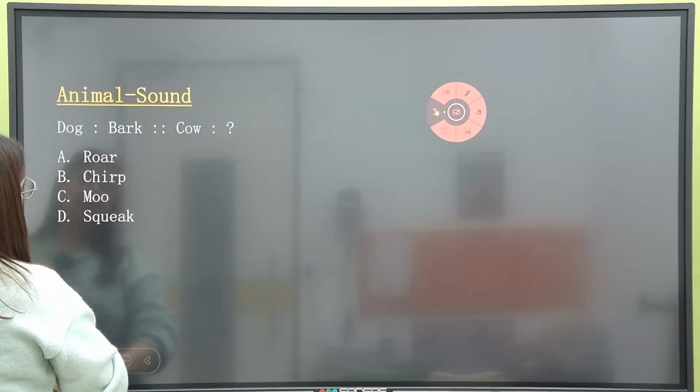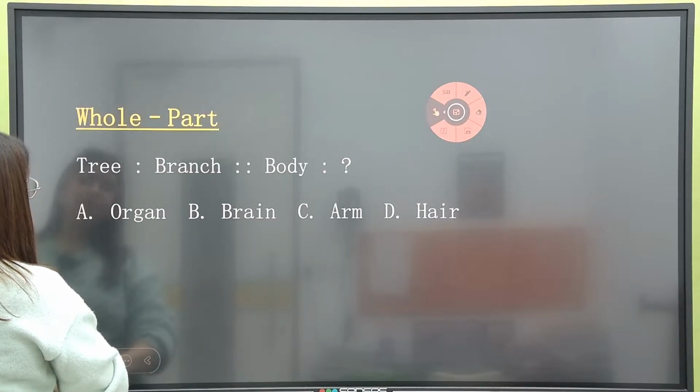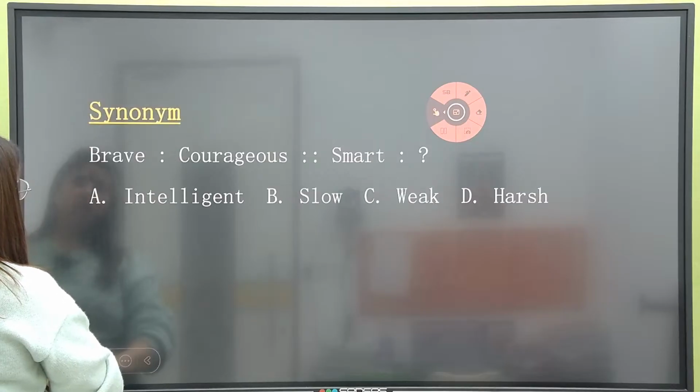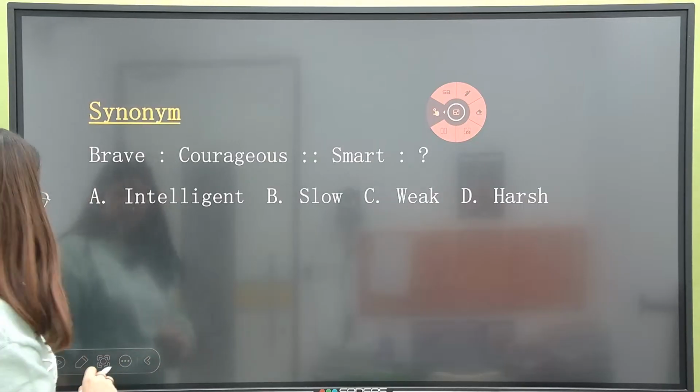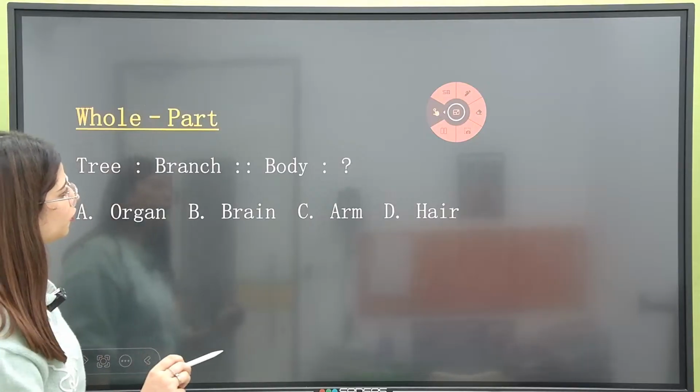Apart from the relationships that we have discussed, let's have a look again. Synonyms, antonyms, part to whole, whole to part.